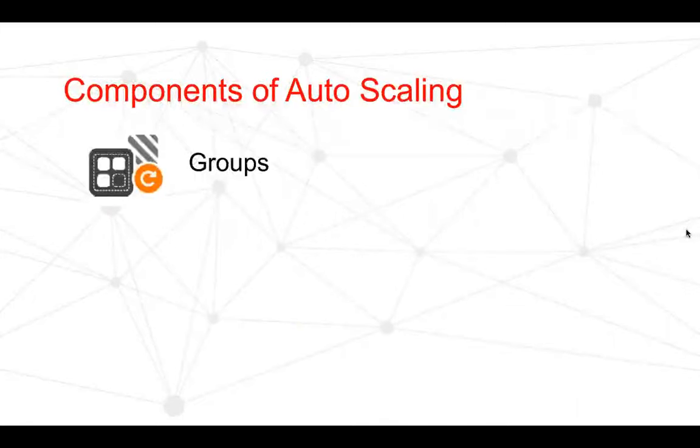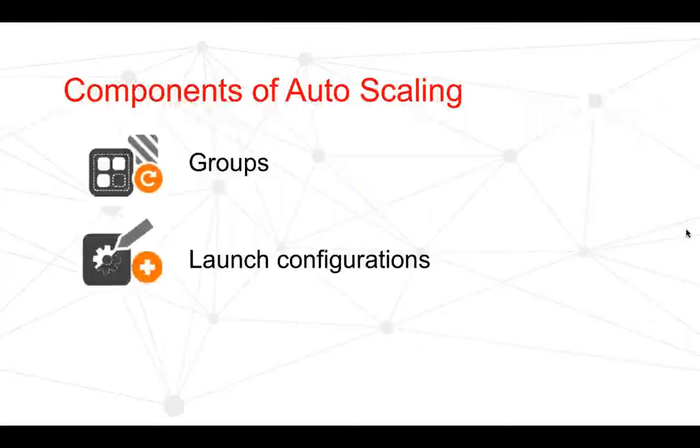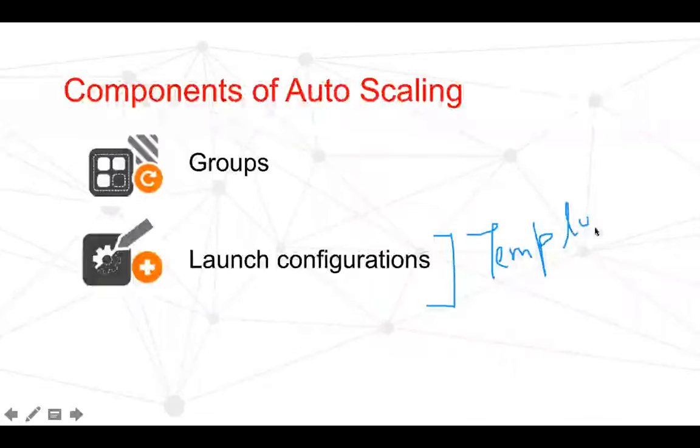Launch configurations. Now this is quite important. These are nothing but the templates. These are not resources that you run in your architecture, but these are the templates. Now you might be wondering, why on earth do I need templates in the auto-scaling group?